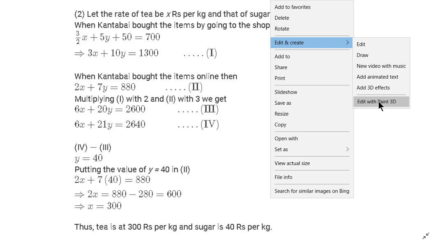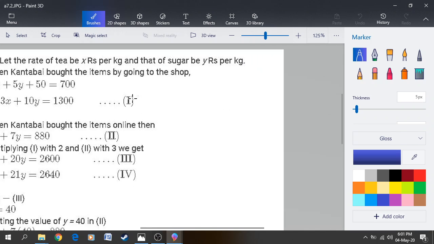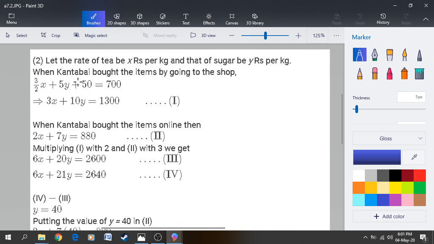I will quickly show. 1.5 is equal to 1 into 2 plus 1, which is 3, upon 2. So 1.5 is also called 3 by 2.